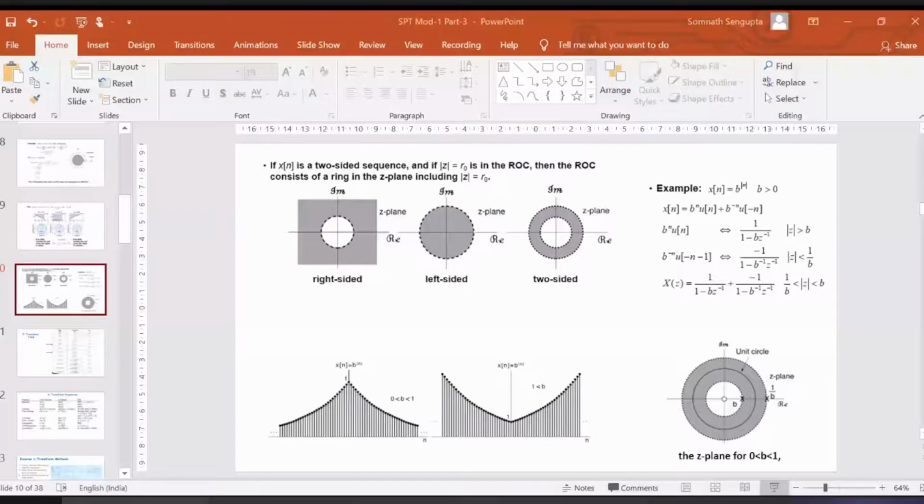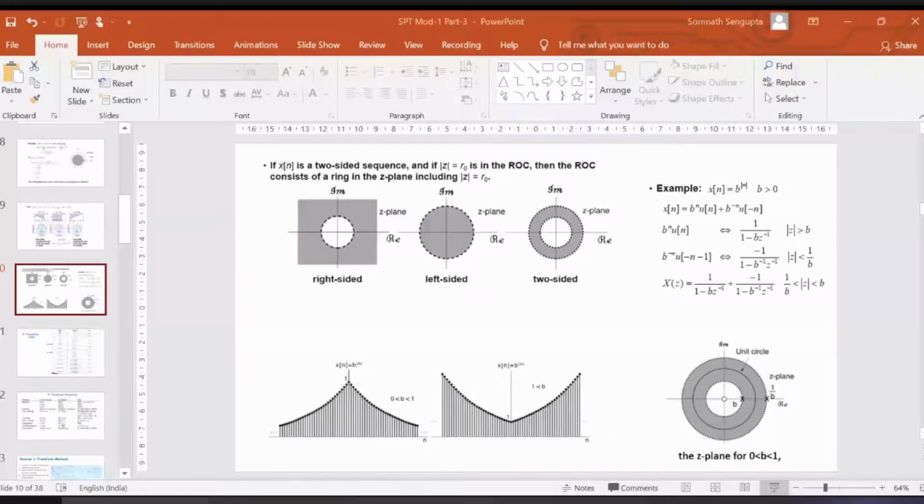For the anti-causal part, it is b to the power minus n u[-n] when n is negative, with b less than 1.